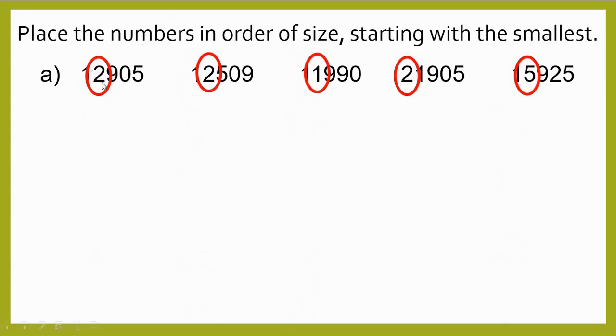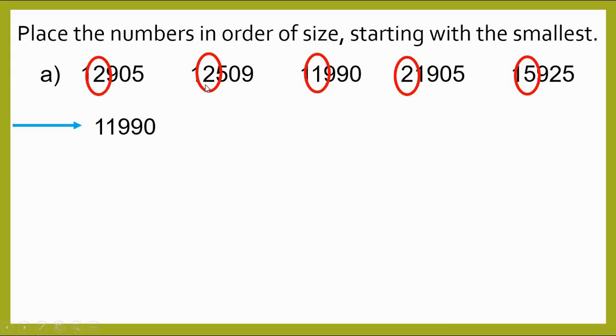And if you will see here, here is 2, 2, 1 and 5. So among those, the smallest is 1. And so I'll write that number first, 11,990.